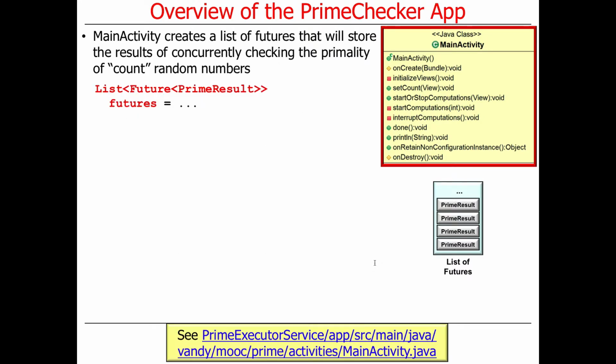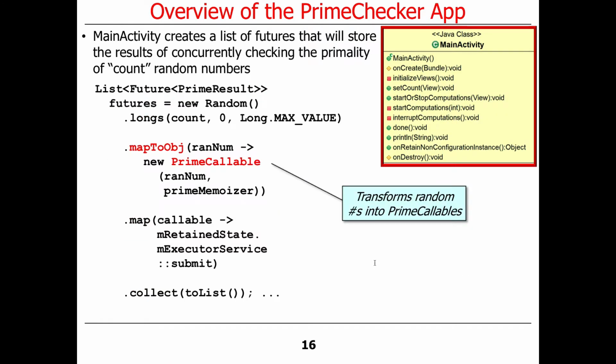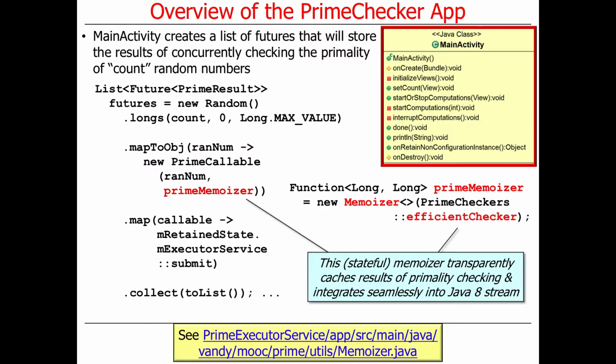Remember this guy. That PrimeCallable is going to have the random number and something called a prime memoizer. I'll explain what a prime memoizer is in a second. So what we're doing here is map is basically used for every element in the stream, for count random numbers. We're going to make a new PrimeCallable object with a random number and a prime memoizer.